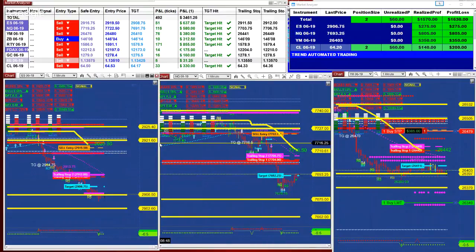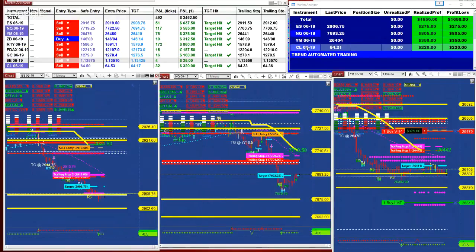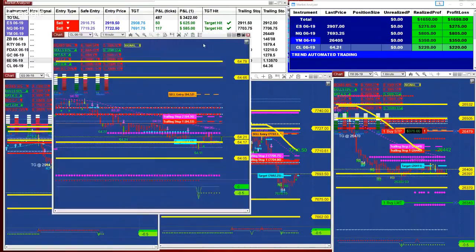So this is how you can see it. And also, if you would like to find the pinpoint entry for the reversal, as an example here, the scalper has already taken a trade to the long side in the scalping.